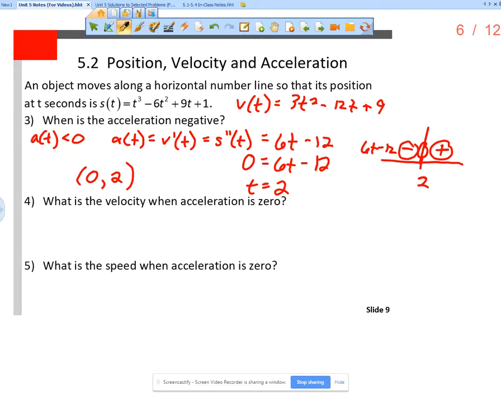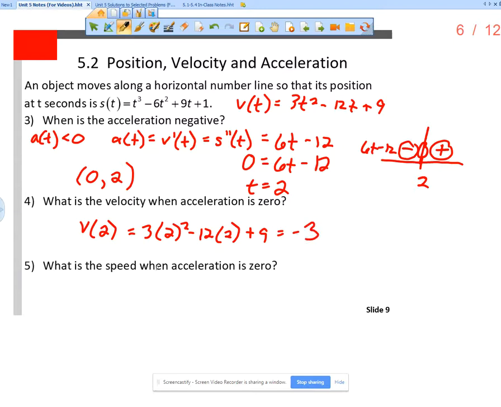Now it says, what is the velocity when acceleration is 0? All this is really just, what is v of 2? That's all it's really asking. So I go back to my v equation, 3 times 2 squared minus 12 times 2 plus 9. 3 times 2 squared is 12, so 3 times 4 is 12, minus 12 times 2, so that's 12 minus 24 is negative 12, plus 9 is negative 3.